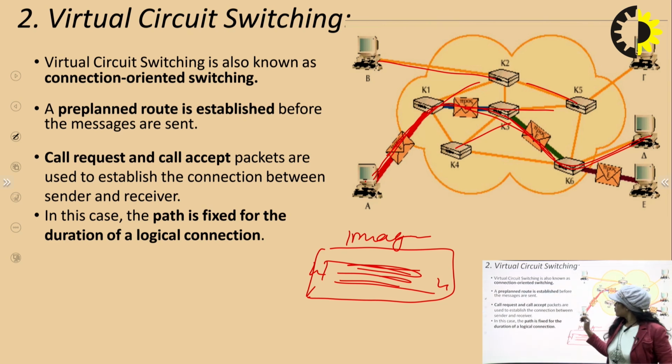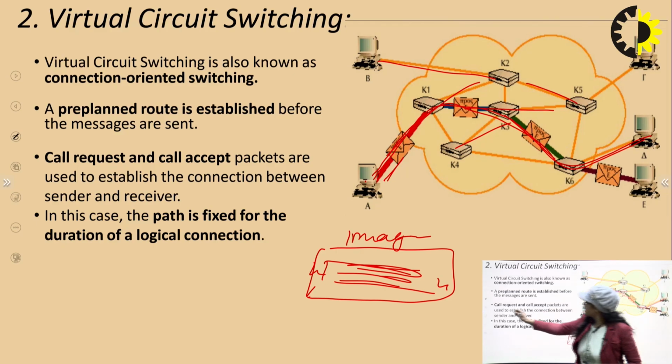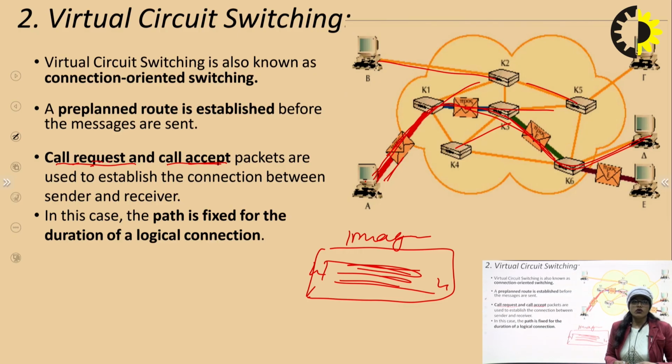In it we can use some request and response. So call request is used to send the data, and call accept is used for receiving the data, right? In this case the path is fixed for the duration of the logical connection. As long as this particular link is alive, you can use this particular path for your transmission.